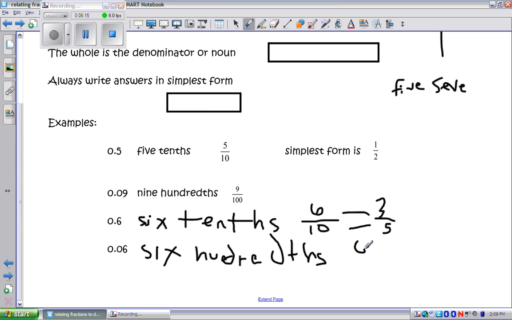Which we would write as 6, the adjective, over the noun 100, which we can simplify to 3/50ths, again by dividing by 2 over 2.